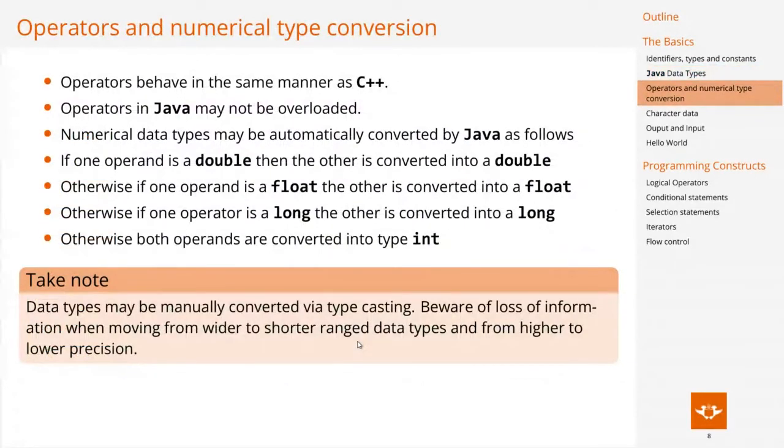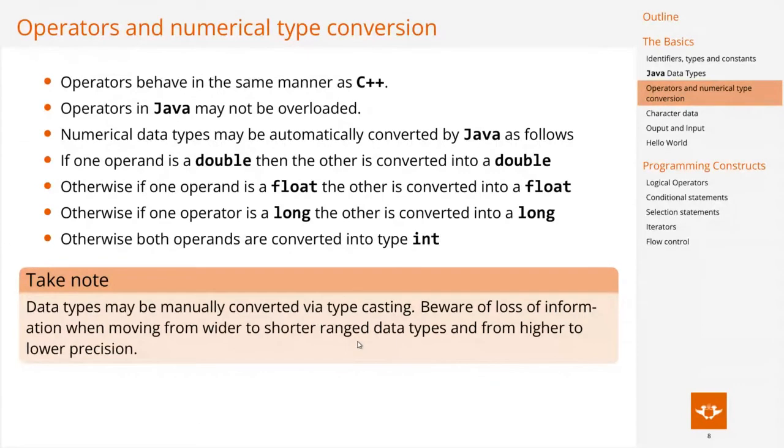If we have something in a float that's not a double, then it will get converted to a float. If we have something that's not a float, not a double, and is a long, it gets converted to a long. And anything else is going to get converted to an integer before it does that specific operation.